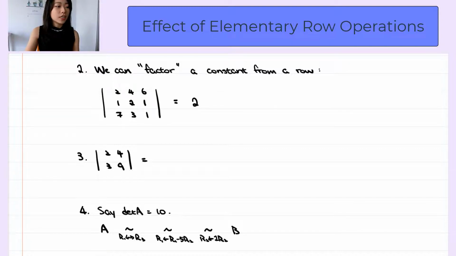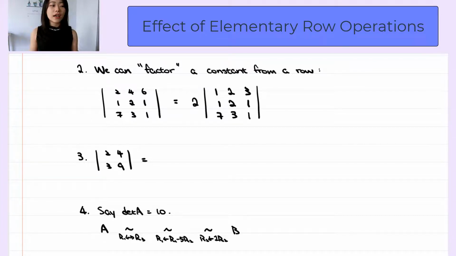So this determinant would equal 2 times the determinant 1, 2, 3; 1, 2, 1; and 7, 3, 1. So this is unlike scalar multiple of a matrix. When we multiply a scalar to a matrix, we have to multiply the scalar to each entry. But for determinant, we can factor out a constant from a single row instead of the entire matrix.